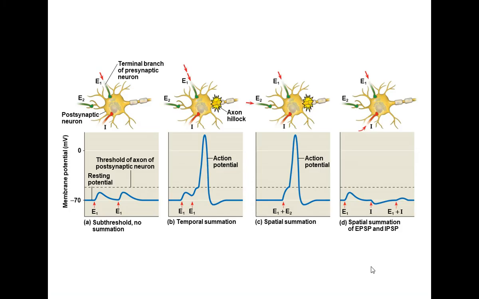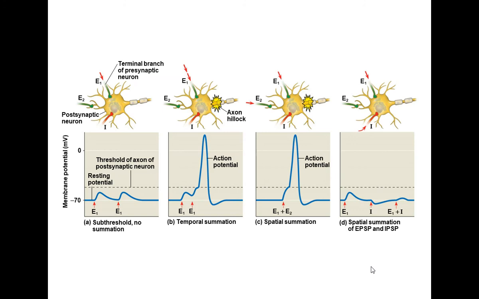So, in letter A, we've got the terminal branch of your presynaptic neuron, and it is releasing its electrical or chemical signal on the postsynaptic neuron. It did not generate enough of a potential change, so therefore there was no threshold.